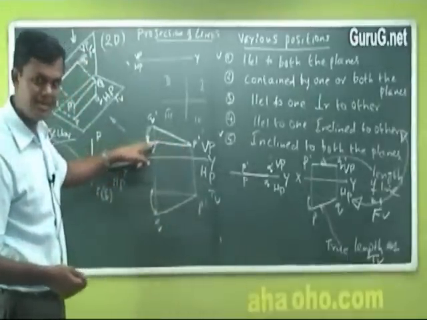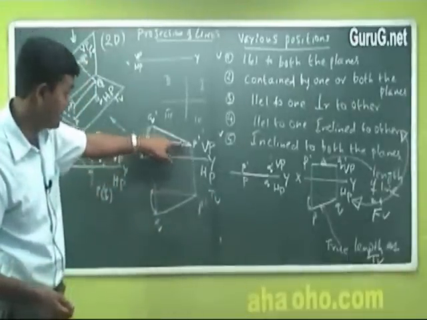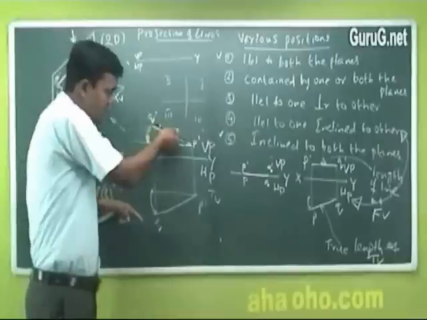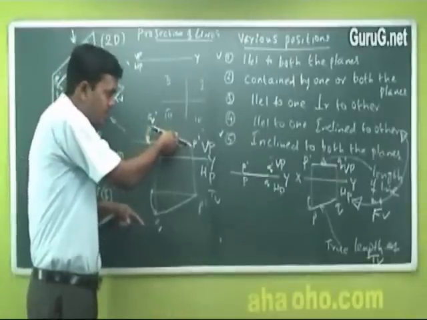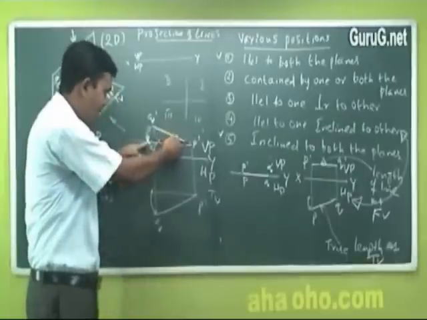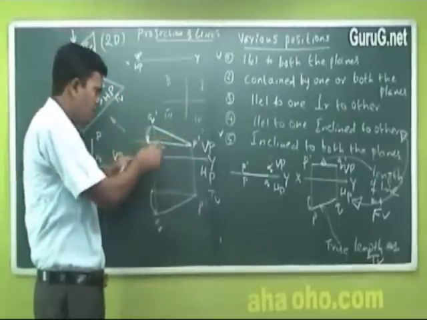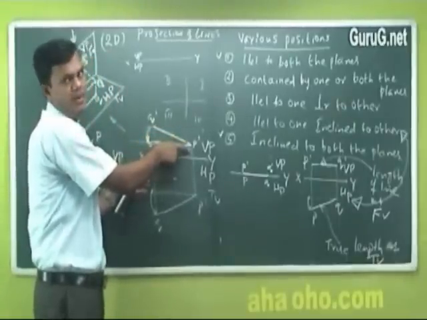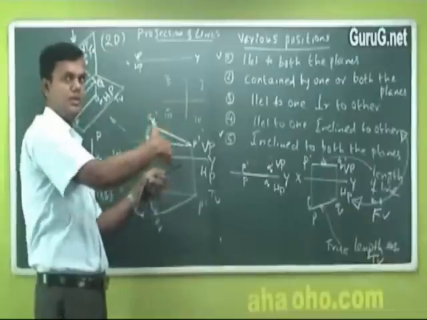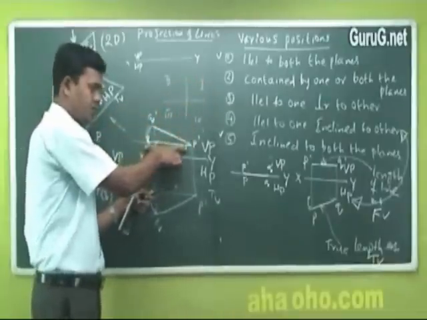This becomes a straight line now. Actually it is inclined, but when I fix point P and rotate Q, it becomes a straight line like this. The length may be 15, 16 or 20, whatever the length is, you don't worry about it. This is the procedure.